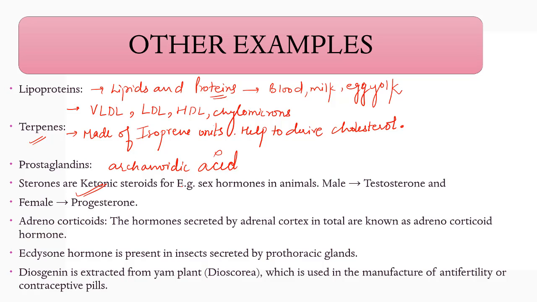Sterones or ketonic steroids, for example sex hormones, like male testosterone and female progesterone. And adrenocorticoids, hormones secreted by the adrenal cortex, are known as adrenocorticoid hormones or corticotropins.